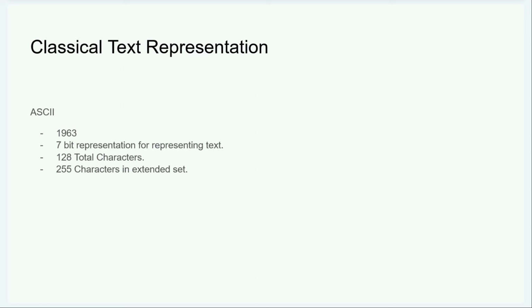And it formed a total of 128 characters. That was a limited set because ASCII covered only special characters, numbers, and the English alphabet in uppercase and lowercase. Then people realized that the 8th bit is a wasted bit, so they added more characters. So now you have 255 characters, which is the extended ASCII set.